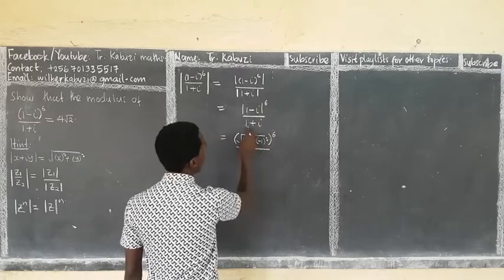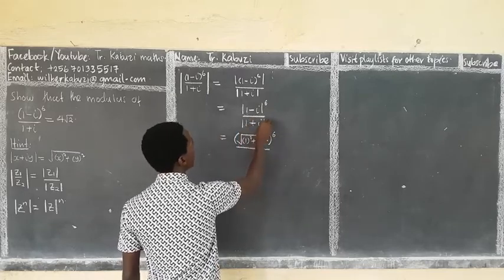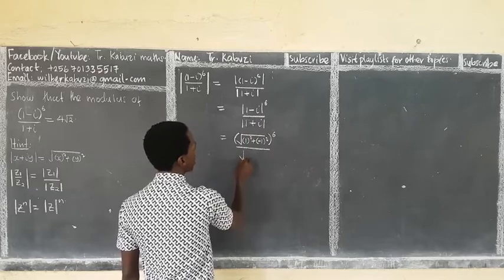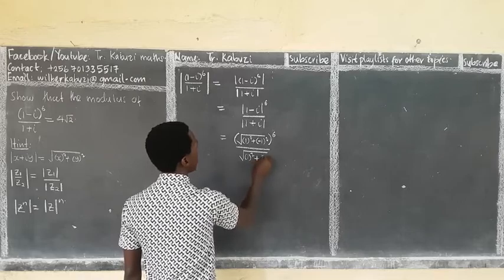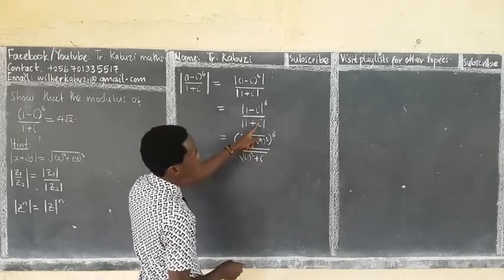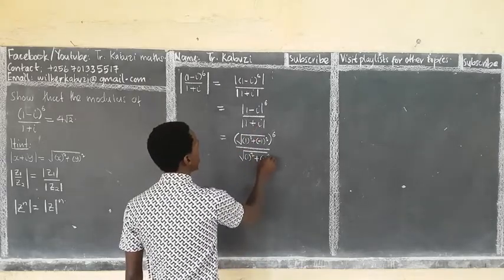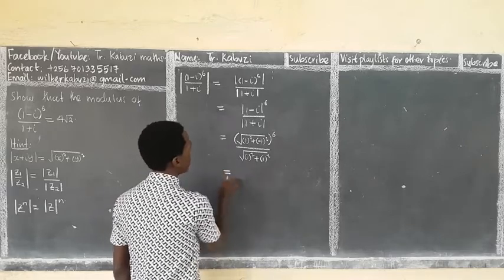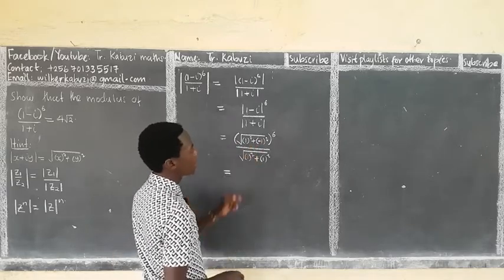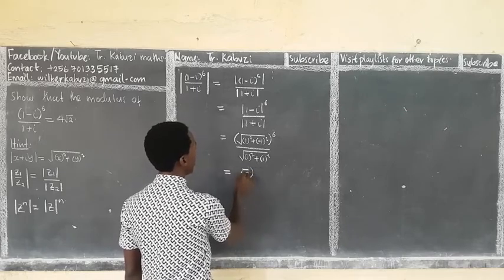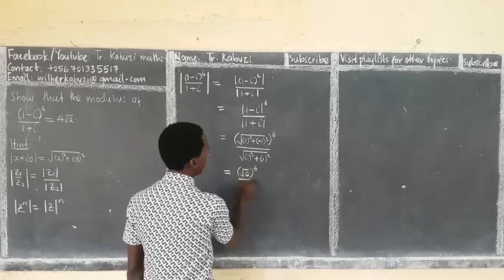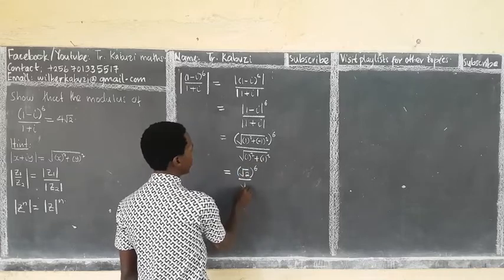Over, the modulus of the denominator: the square root of the real part 1 squared plus the coefficient of i, 1, squared. This is 1 plus 1, which will be root 2. So we have root 2, the whole to the power 6, over root 2.